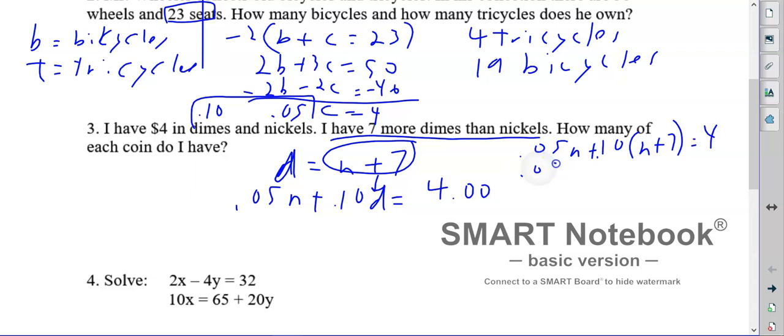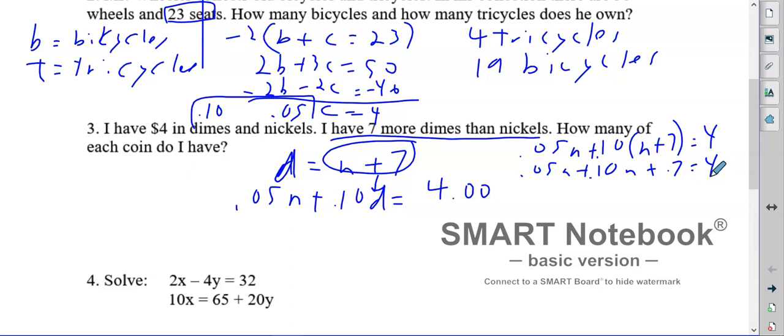Then we multiply, we get 0.05n plus 0.10n, and 7 times 0.1 is 0.7, equals 4.